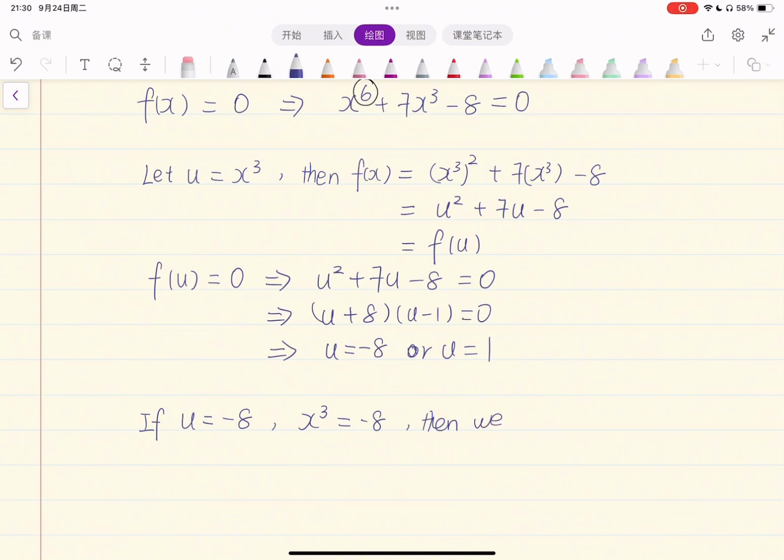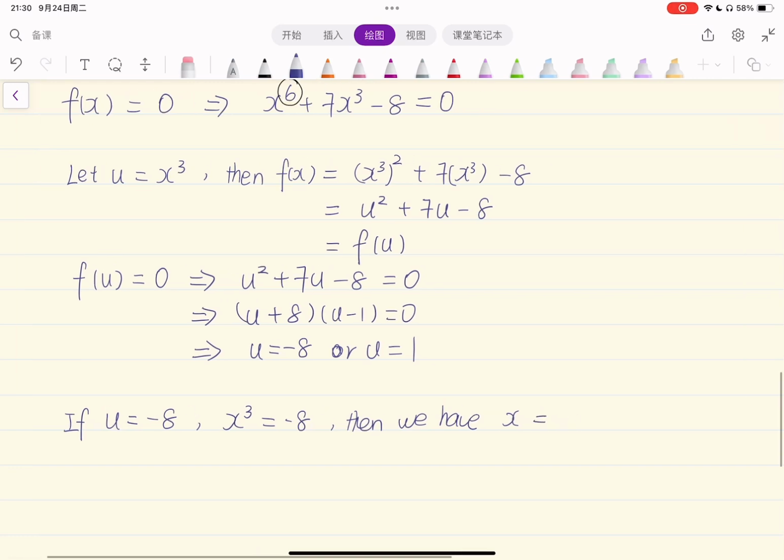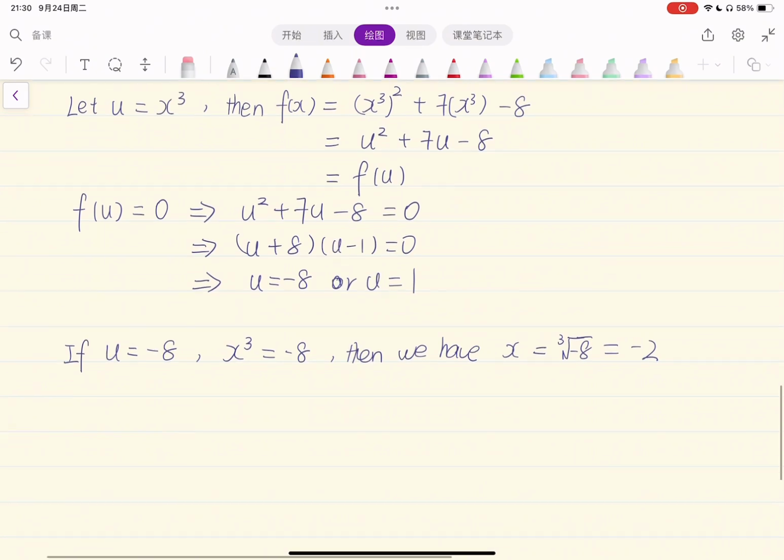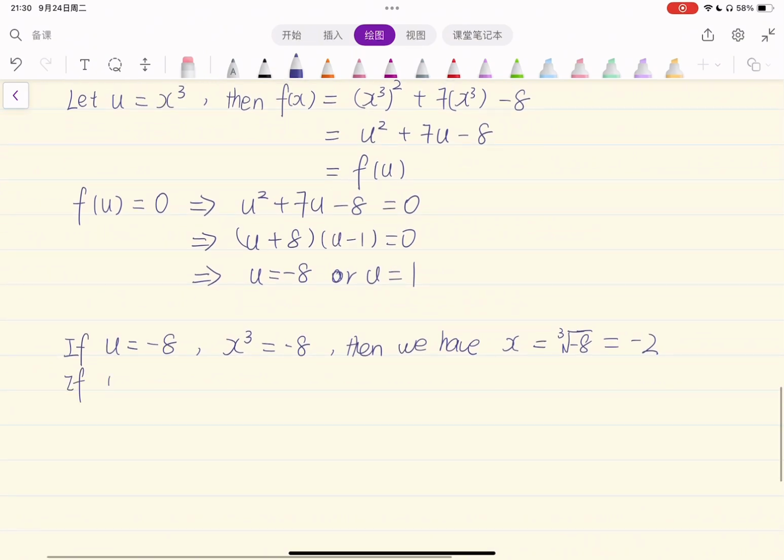Then x equals the cube root of minus 8, which equals minus 2. Similarly, if u equals 1, x cubed equals 1, then x equals the cube root of 1, which equals 1.